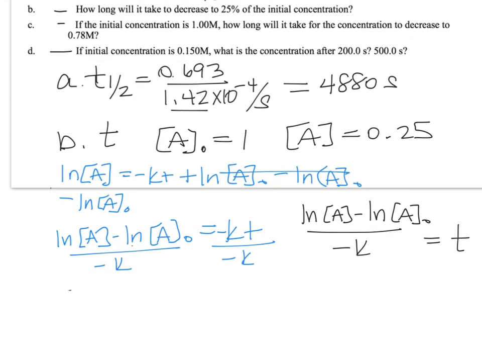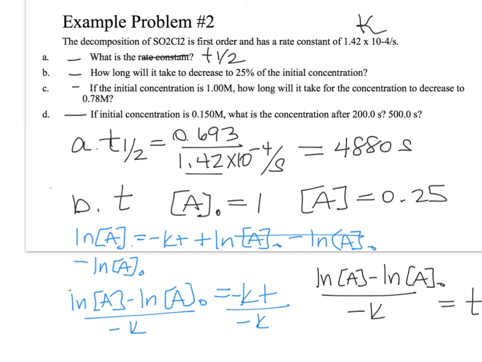All right, if I can go back up here, I can look at the next one. If the initial concentration is 1, how long will it take for the concentration to decrease to 0.78? All right, so in this particular question, we're looking for time as well.